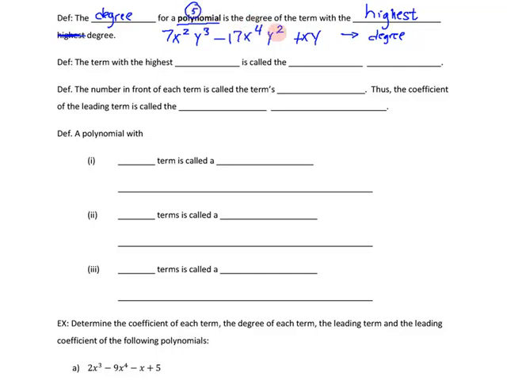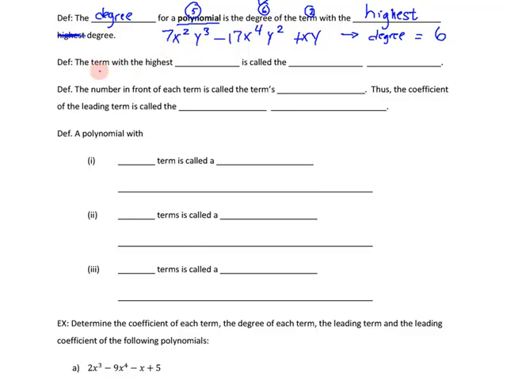The degree of the second one is 6 because it's 4 plus 2. And the degree of the last one would be 2. Remember, if there's no exponent, it's understood to be 1. So that's 1 plus 1 gives me 2. So the degree is not the sum of these, but the highest one. So 6 is the highest degree. So the degree of that polynomial is 6.